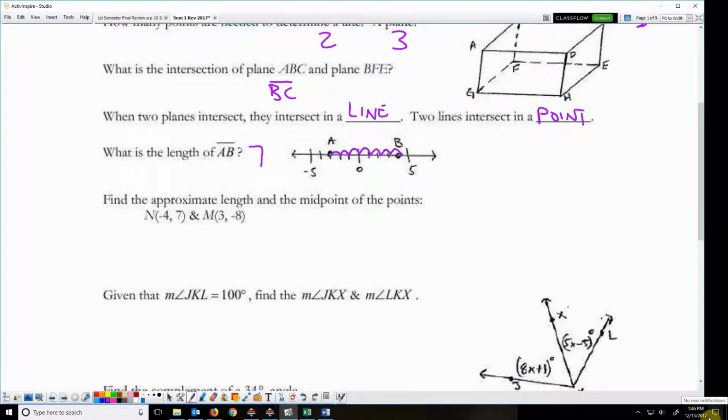Find the approximate length and midpoint of these 2 points. Okay, so for length, we're going to use the distance formula. The distance formula is the square root of x2 minus x1 squared plus y2 minus y1 squared, all under 1 radical.